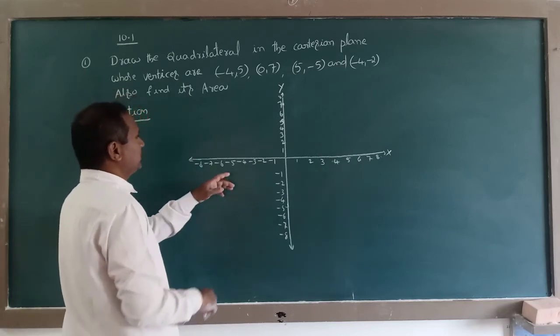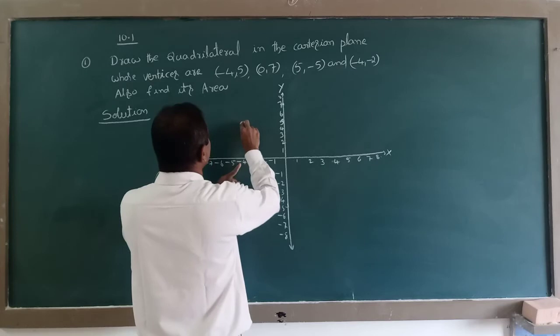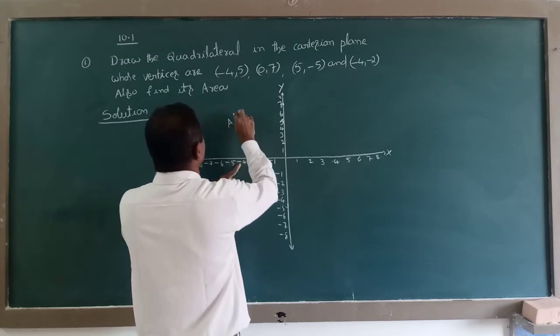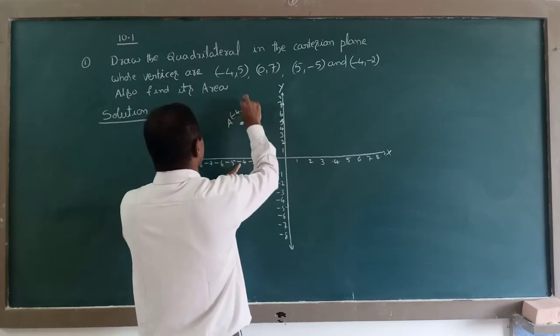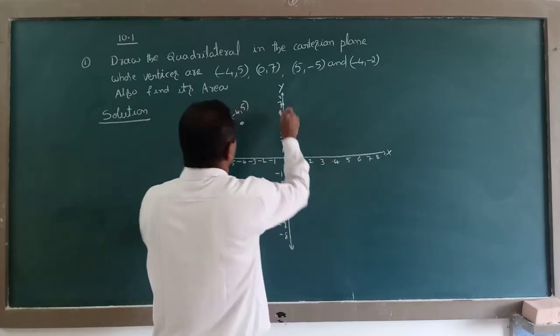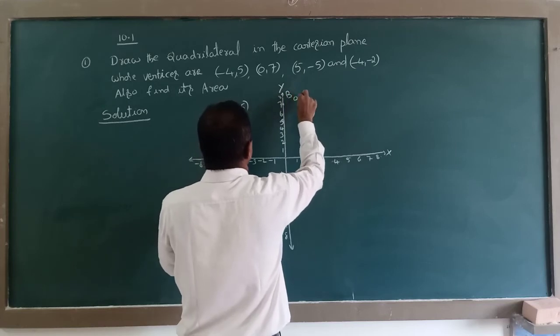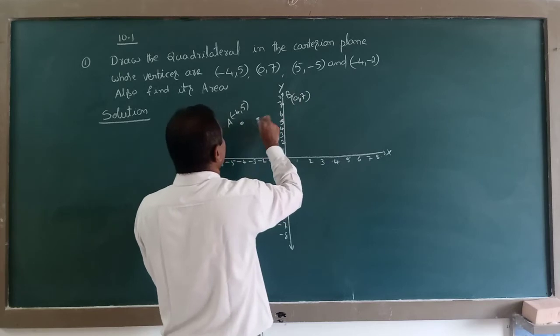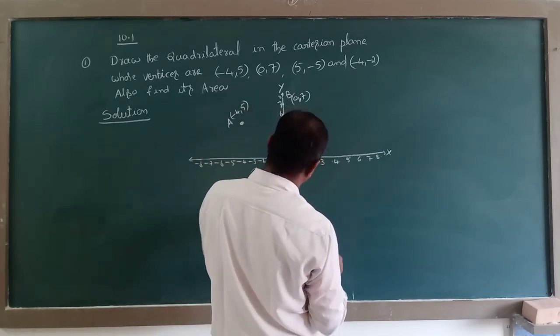First one is approximately minus 4, 5. Here it will come. It is A, minus 4, 5. Second one is B here. B is here 0, 7, because the first quantity 0 means it lies on the y-axis. Next one is 5, minus 5.